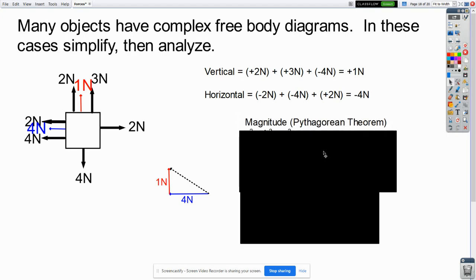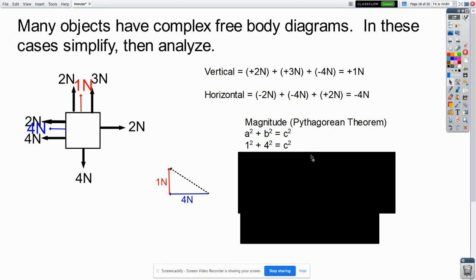That is the actual net force that's acting on this object, that black arrow. To figure out the magnitude of that net force, I'll use Pythagorean theorem. A squared plus b squared equals c squared. And it doesn't matter which one of these I call a or b. So I can do 1 squared plus 4 squared equals c squared, or 4 squared plus 1 squared equals c squared. It doesn't really matter. I went 1 then 4. 1 squared plus 4 squared is 17.